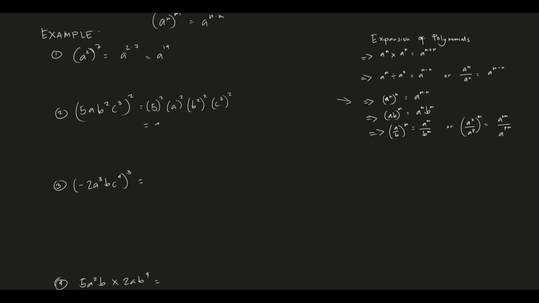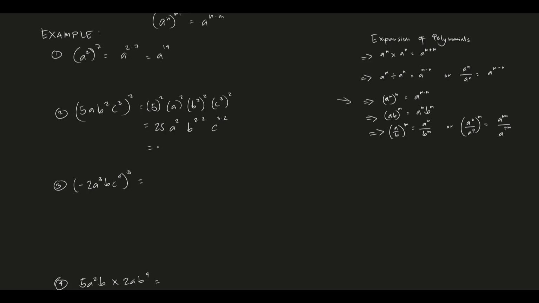So 5 squared is 25. A raised to the 1 times 2 is a squared. b squared raised to the 2 is b raised to the 2 times 2. And c cubed raised to the 2 is c raised to the 3 times 2.